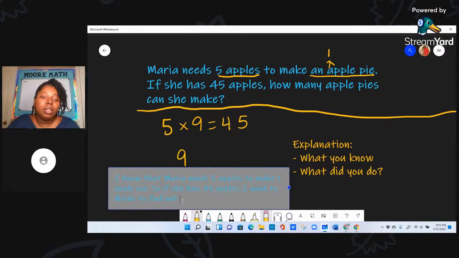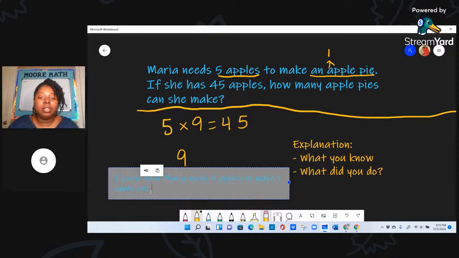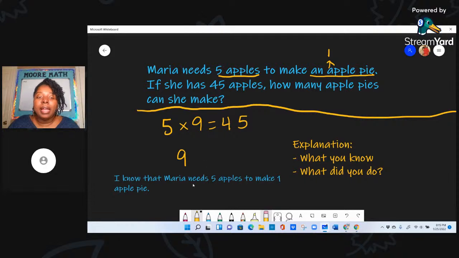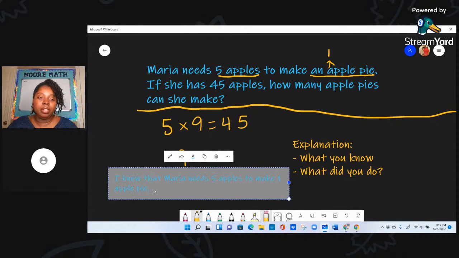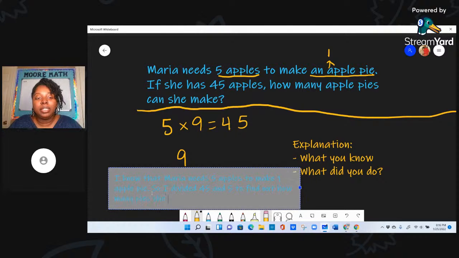So step one, what you know. I know that Maria needs 5 apples to make 1 apple pie, right? So I divided 45 and 5 to find out how many pies she made.